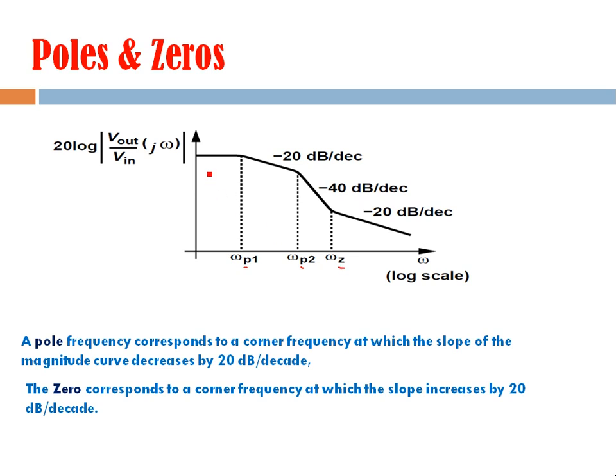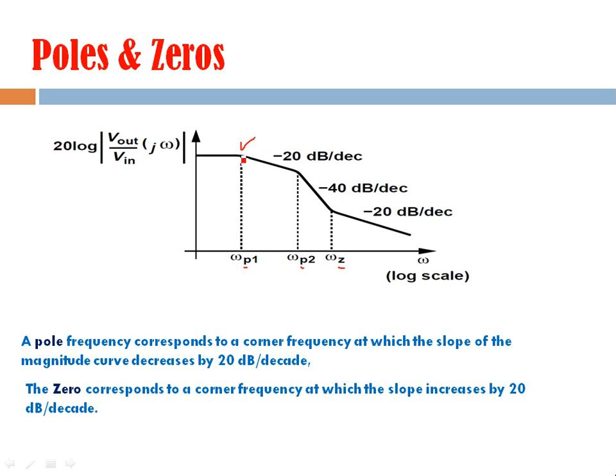But when we solve a circuit for its frequency response, in that equation we will find this kind of pole, and maybe some zeros also. But we are not interested in all the poles and zeros. We are interested only in the first corner frequency, right?